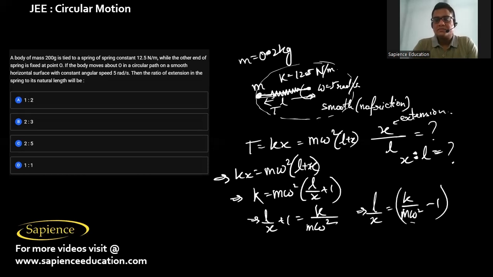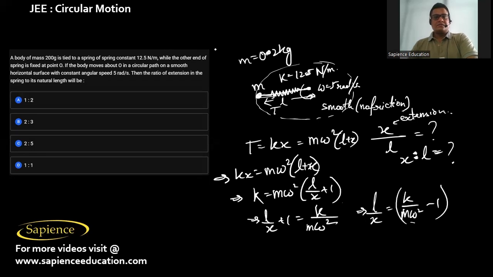Okay, so therefore L by x will be equal to k by m omega square minus 1.